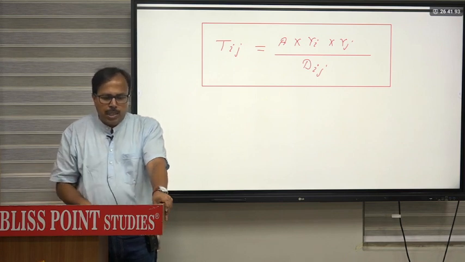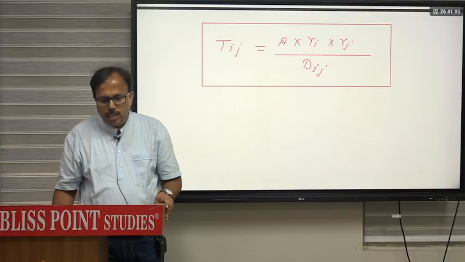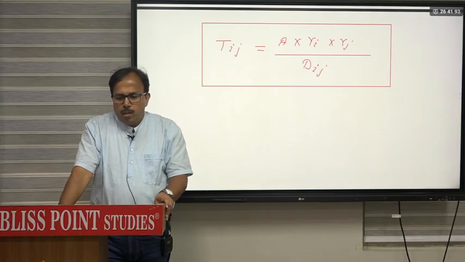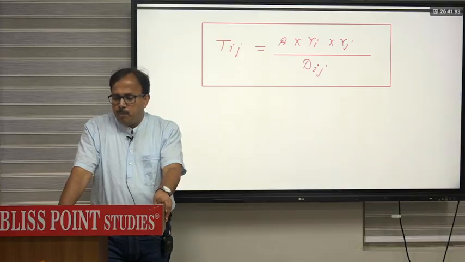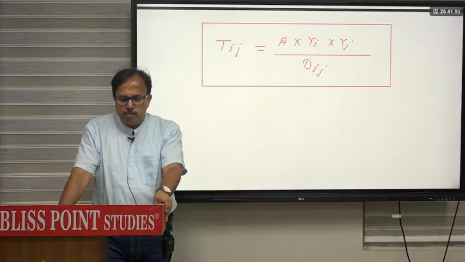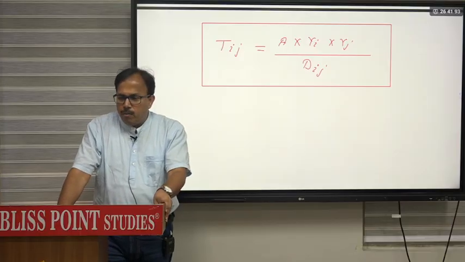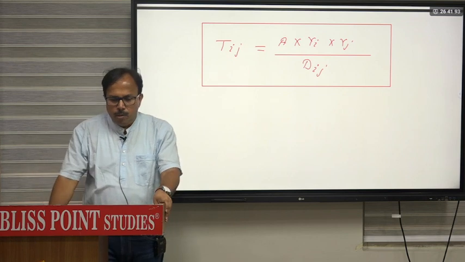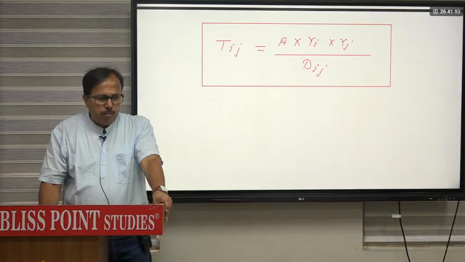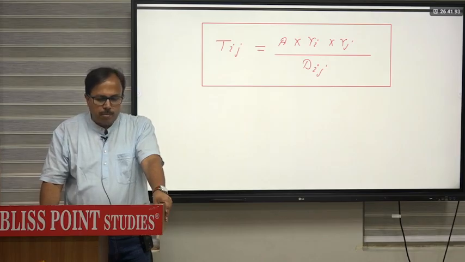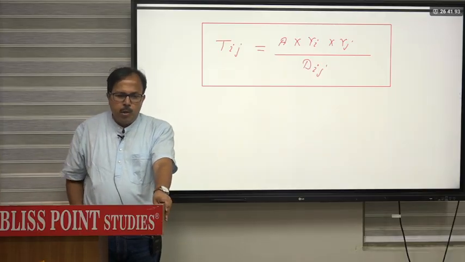Next paragraph. The reasoning is that with higher GDP, there will be more income. And with more income, there will be more spending.